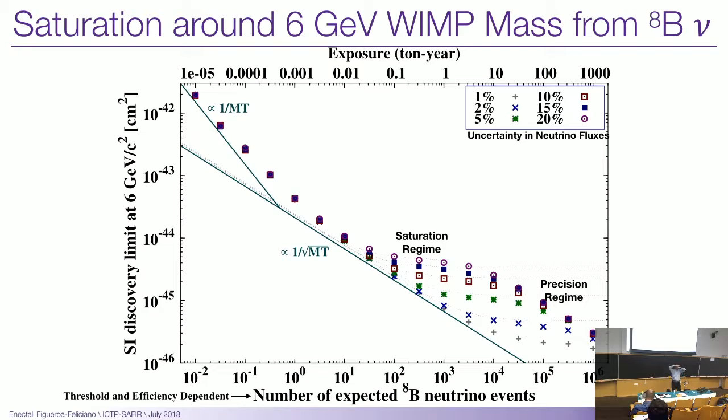If my uncertainty is really small, I only need a little bit more exposure to tell the difference. If I have a really big uncertainty, I'm going to have to get a lot more events before I can start seeing the differences in the shape. That's why, for a bigger uncertainty of 20%, you have a big flat part, and for a very small uncertainty, it takes a lot longer to reach that saturation regime.